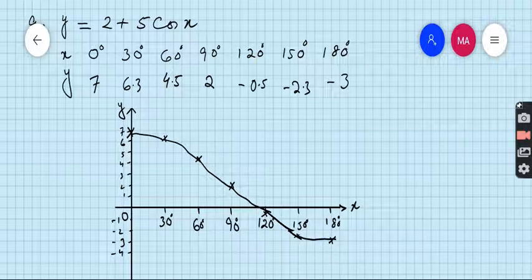So this is the curve, not as smooth as it can be because this is a digital pen.